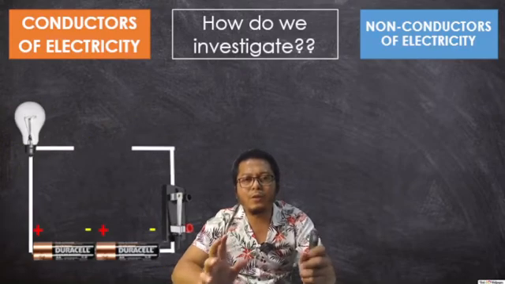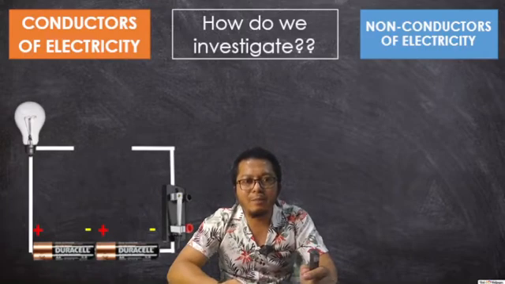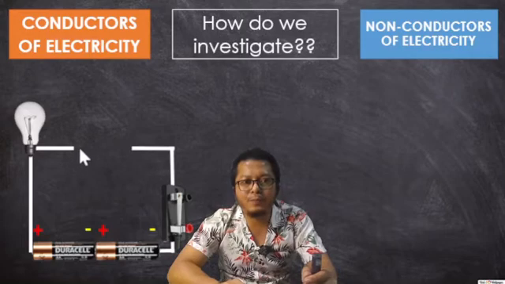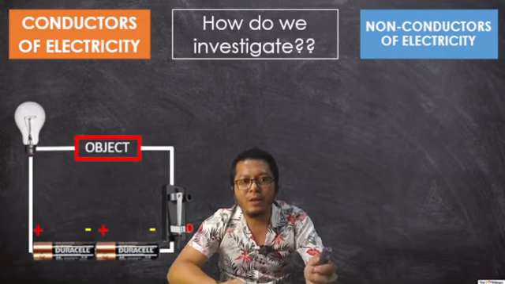Now what we are going to do is modify the simple circuit and leave a gap here, at one part of the connecting wires. And this gap will be filled with objects. What objects? We will see later.